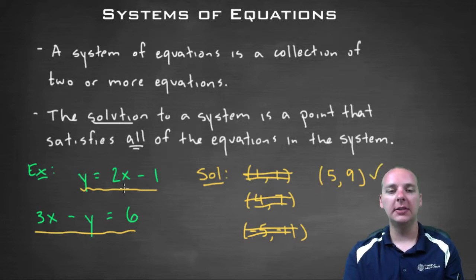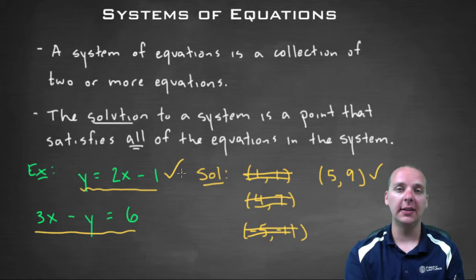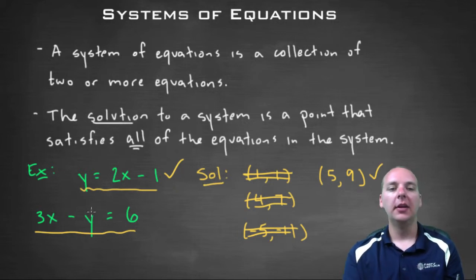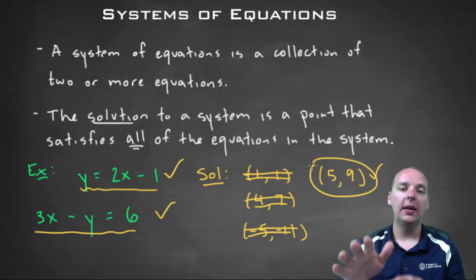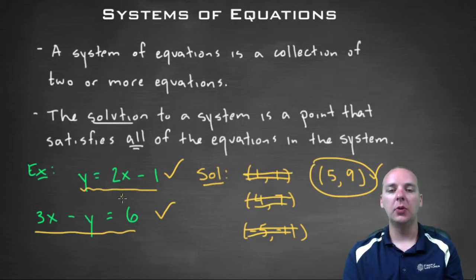Awesome, so it works for the first equation at least. We still have to try the second one. 3 times 5 is 15, and 15 minus 9, sure enough, is 6. So you see how this one satisfies both of them. It's one point that satisfies both of the equations.